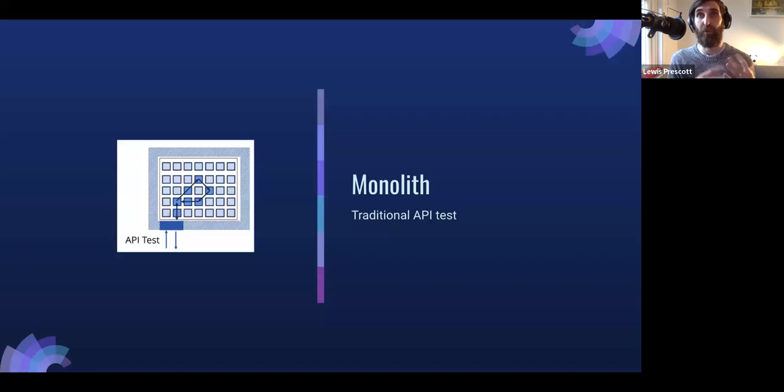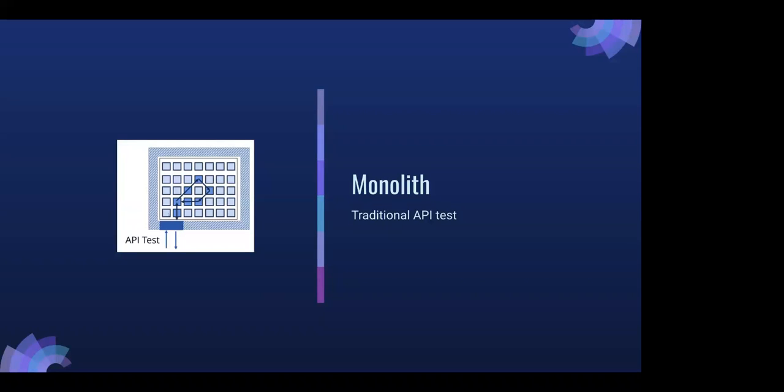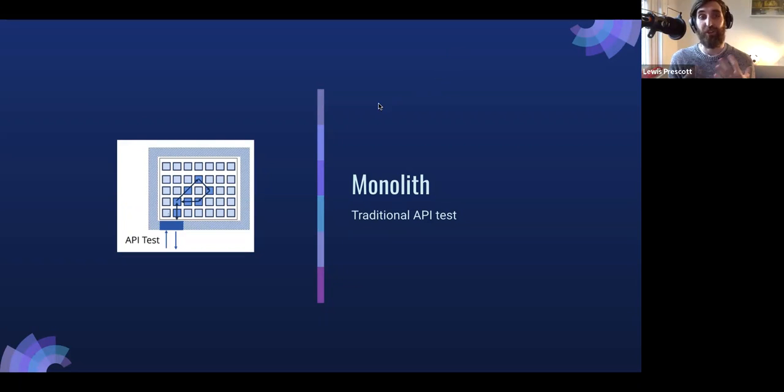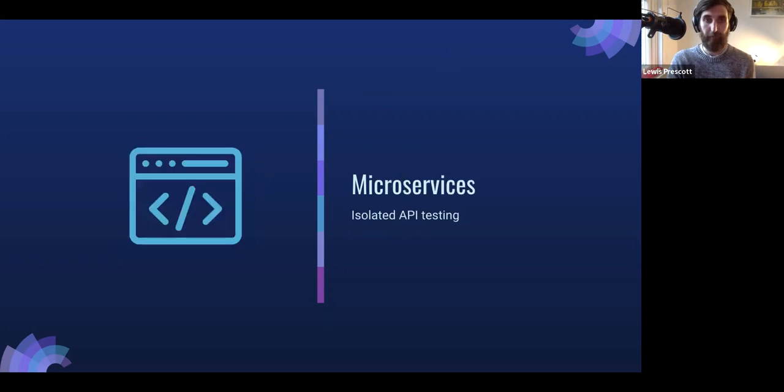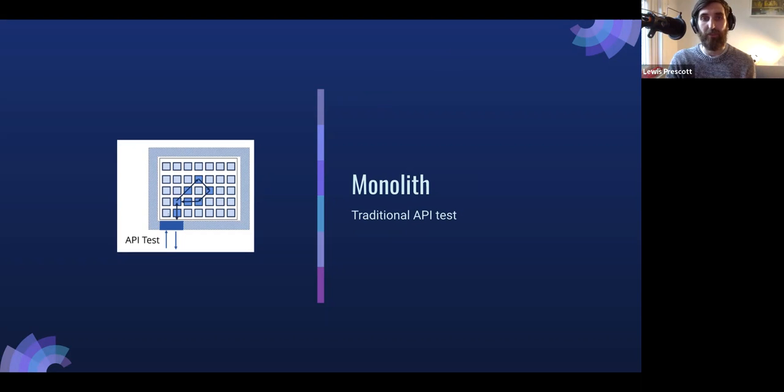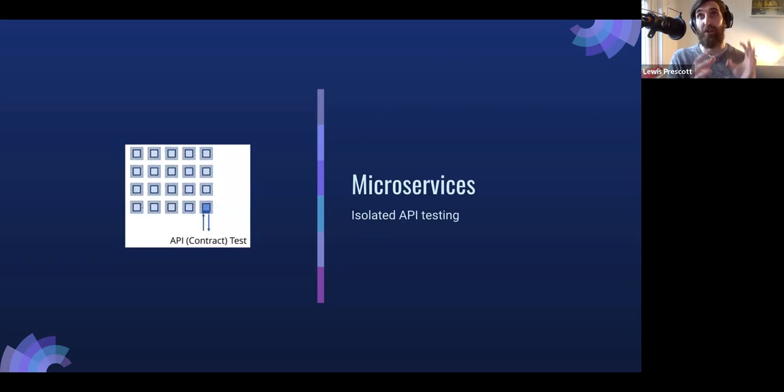Before, when we had monolith applications, with traditional API testing which would test multiple services, you would have an entry point which would go in and then you get a response back. Whereas when we moved to microservices, we now have those isolated services which we can test in isolation.